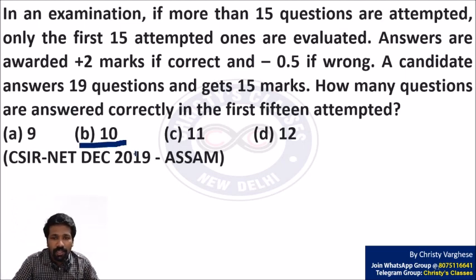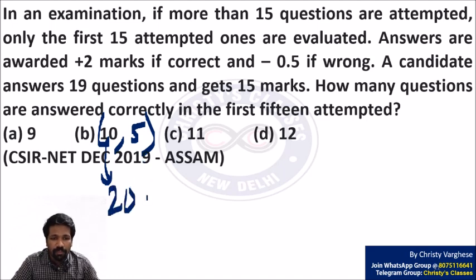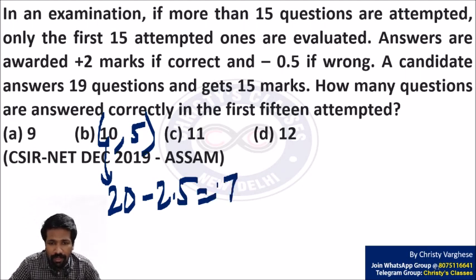Option B, if 10 is the answer, what is the meaning? When option A is the answer, you don't have to try the remaining options, but just to show you how the contradiction can happen, I will explain option B. If 10 questions are answered correctly, remaining 5 questions are answered wrongly. 10 questions correctly means 10 into 2, 20 marks. 5 questions answered wrongly means negative half mark each, that is 5 into half, 2.5 marks negative. 20 minus 2.5 is 17.5.